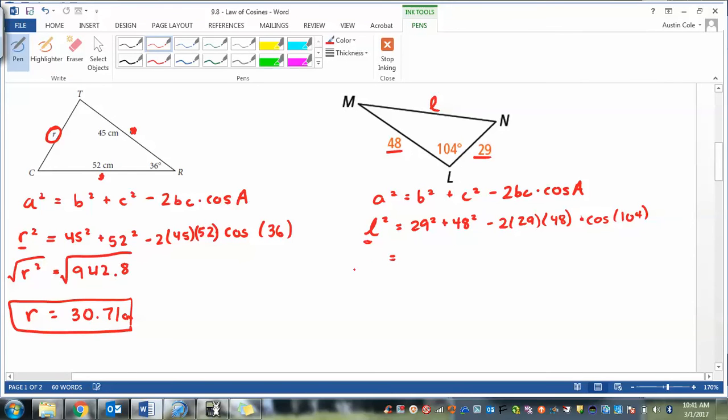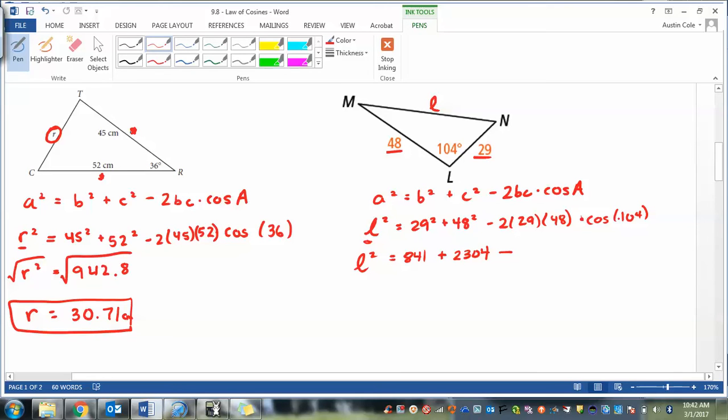So here we go. I'm going to do exponents. You guys are going to help me out here. So I get L squared over here. 29 squared is 841, plus 48 squared, 2304. Now minus, I'm going to multiply these three numbers together. And actually, guys, let me back up here.